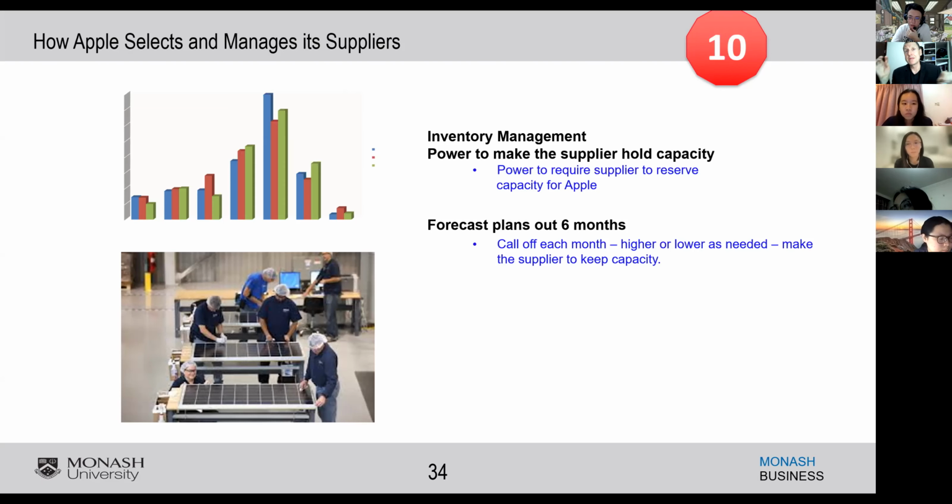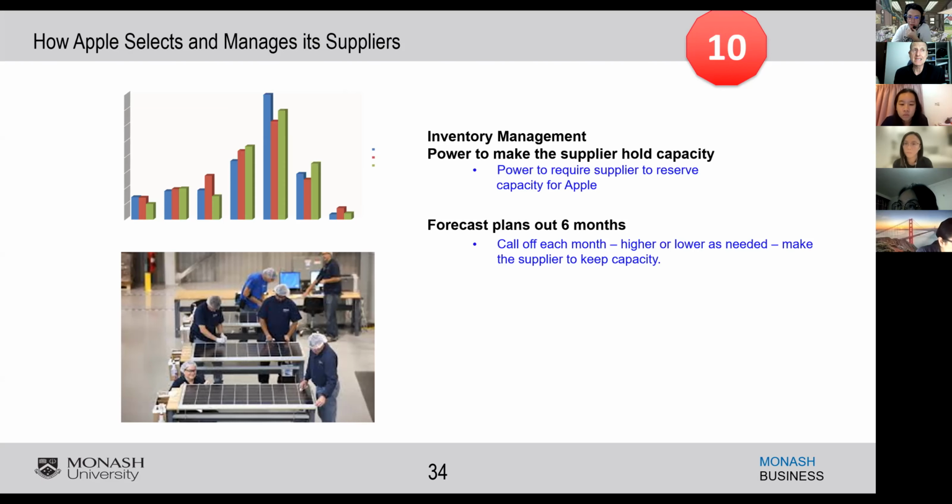So this is the accounting pressure that Apple puts on when they're doing this cost down. They go to the nth degree of understanding the different games that the suppliers play, suppliers trying to push back and saying, well, why I can't do this cost down is because I'm investing in machinery and we need to write off this machinery.